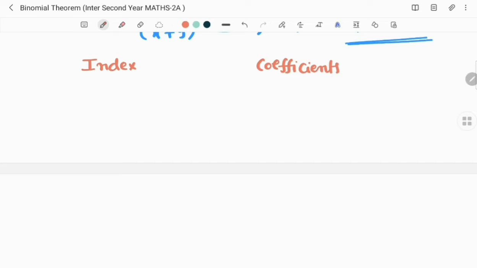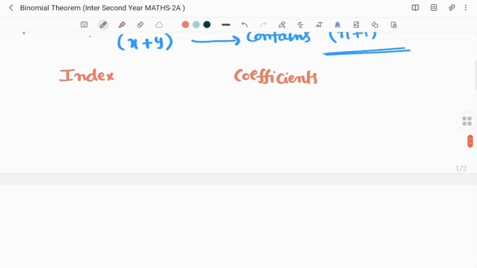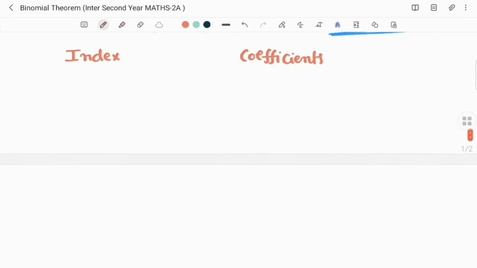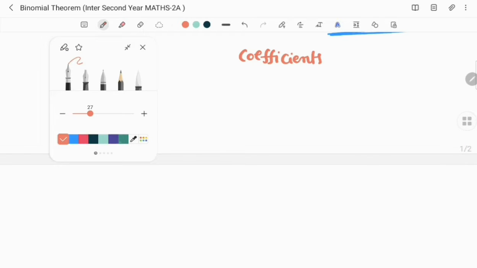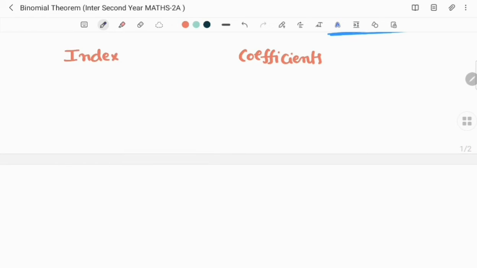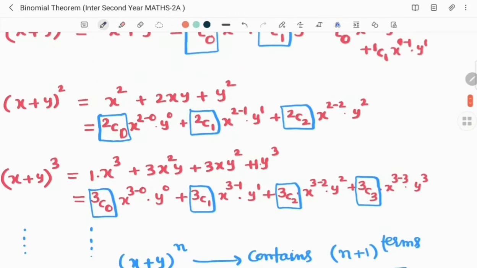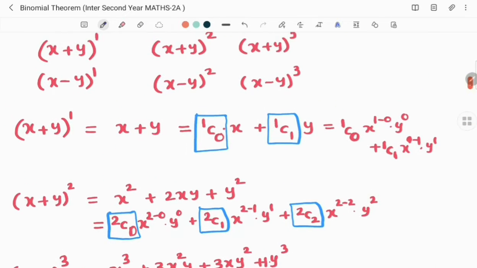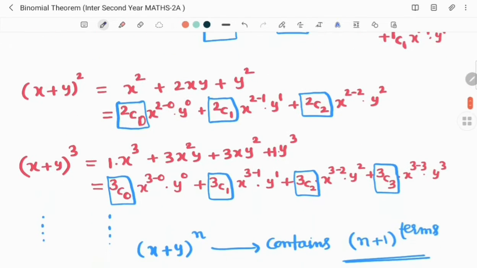So only for 3 we will take it, not for all, only for 3. So when the index is 1, how many terms do we have? In this 1 comma 1 is there: 1c0, 1c1, here 1, here also 1. So 1 comma 1.